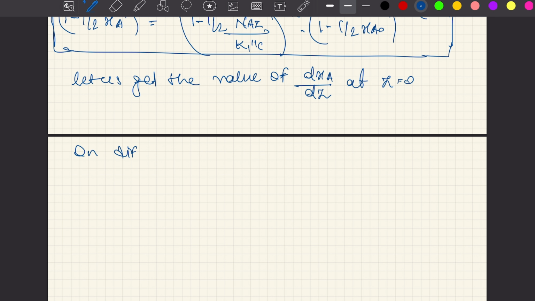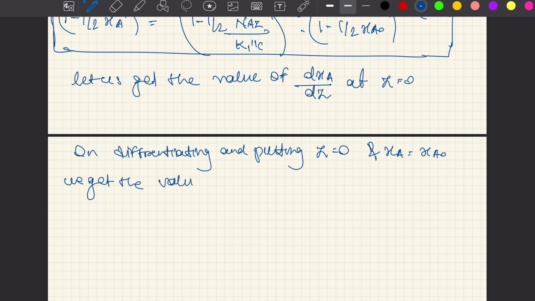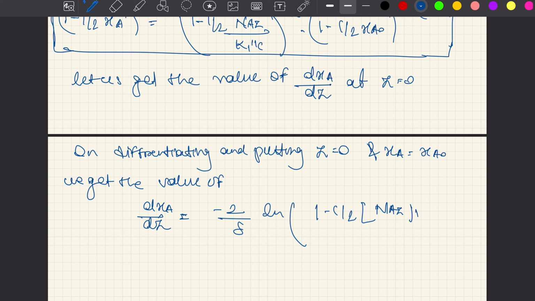On differentiating and putting z equals to 0 and x_A equals to x_A naught, we get the value of dx_A by dz as minus 2 by del ln of (1 minus half of N_Z divided by K1 double dash C) upon (1 minus half x_A naught).